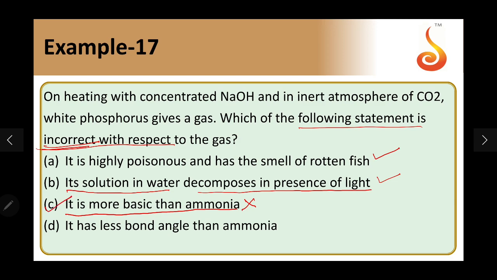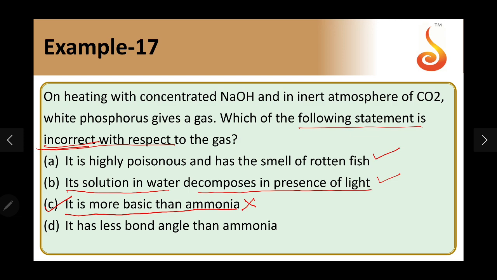Bond angle will be less than ammonia. It is also possibly a right answer. It is a right answer because in PH3 pure p orbitals are involved for bonding rather than sp3 hybrid orbitals.